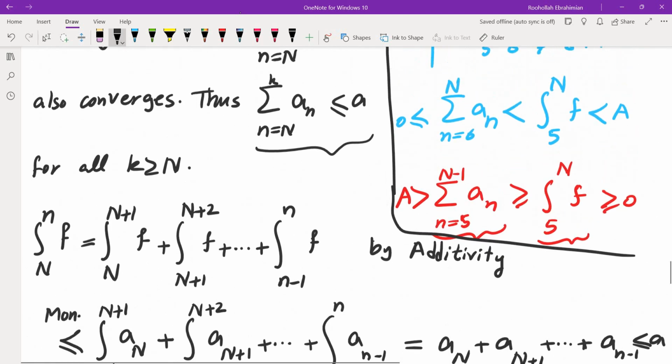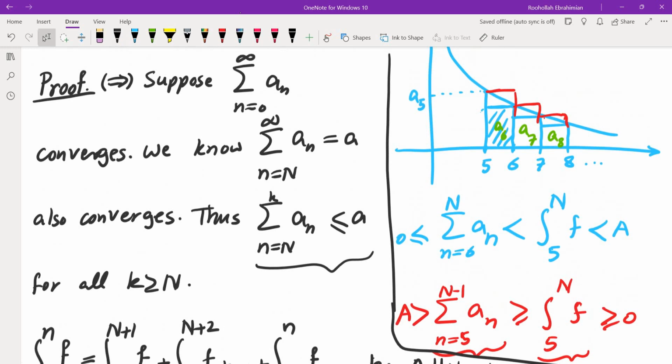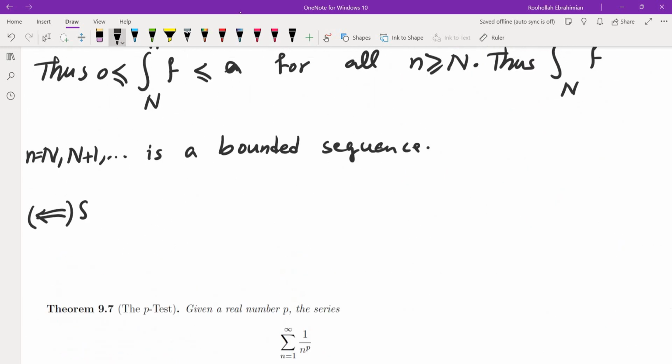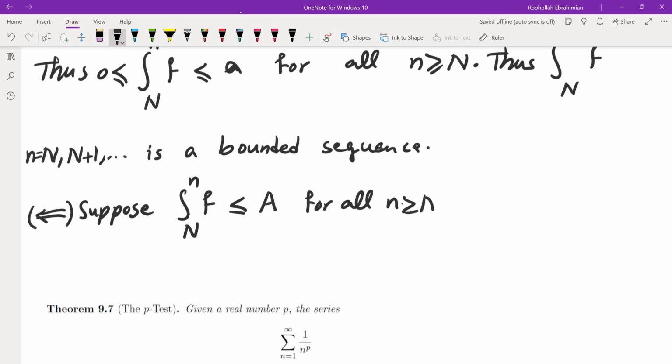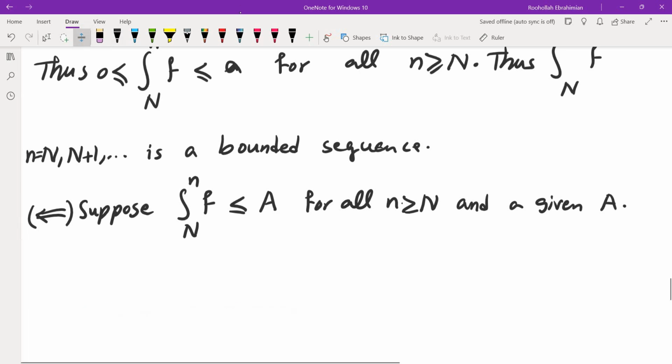So we're going to do the same thing for the other side. We'll just have to use the blue inequality. So suppose the integral from N to k of f is less than or equal to some A for all k greater than or equal to N, and a given A, because we know it's a bounded sequence.